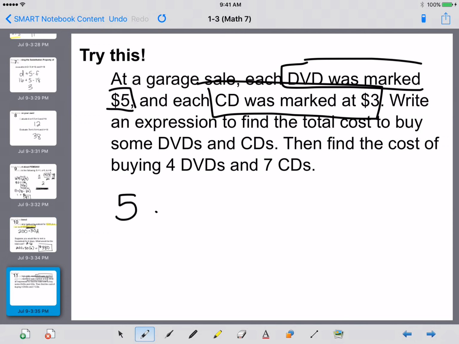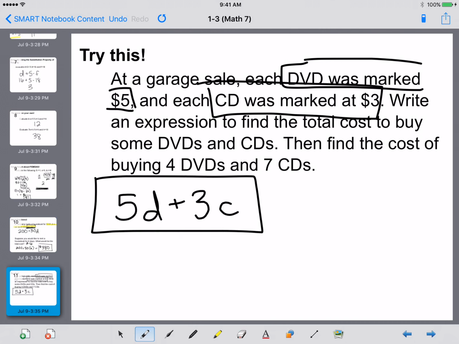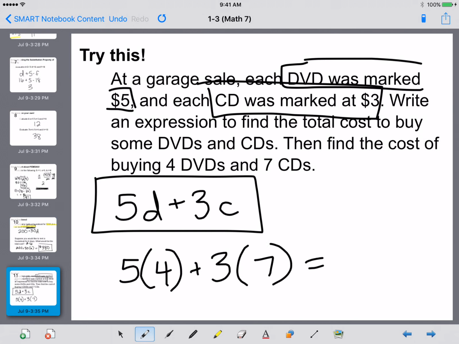So it's $5 per DVD that you buy plus $3 per CD. There's our algebraic expression. We want to find the cost of 4 DVDs, so it's $5 each for 4 of them, plus $3 each for 7 CDs, and we end up with a total cost of $41.